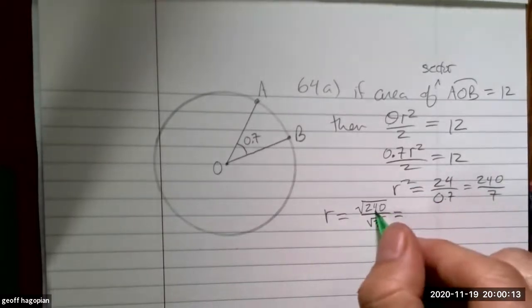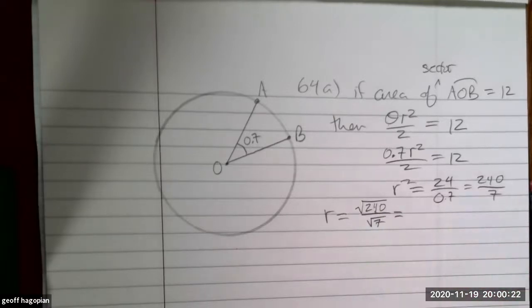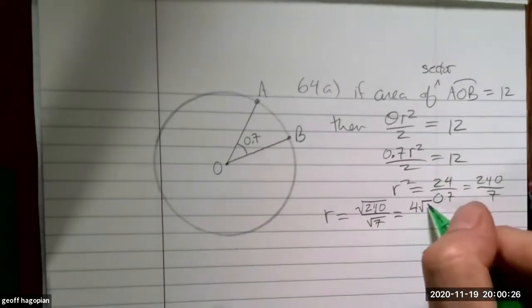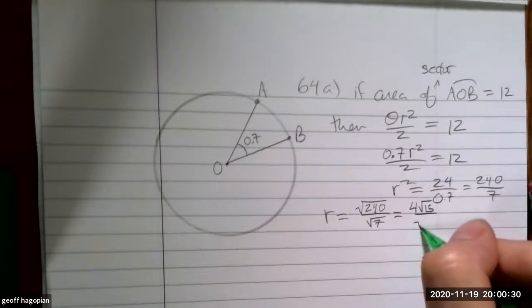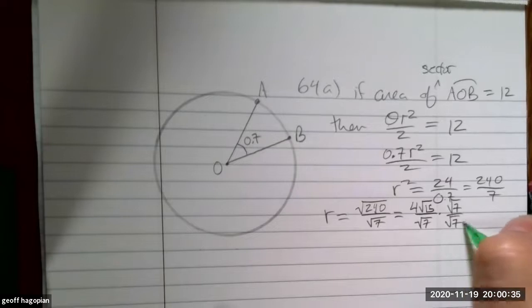Does 240 have a perfect square factor? Sure. 16 is a factor, is that right? Yeah, 16 times 15. So this is 4 times the square root of 15 divided by the square root of 7. And properly speaking, we can rationalize the denominator here.